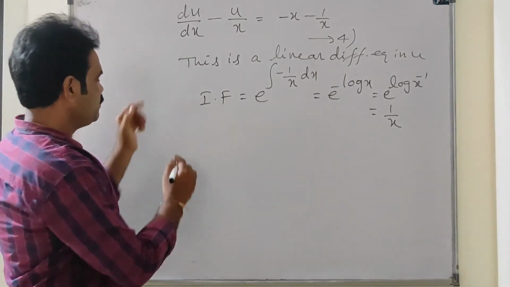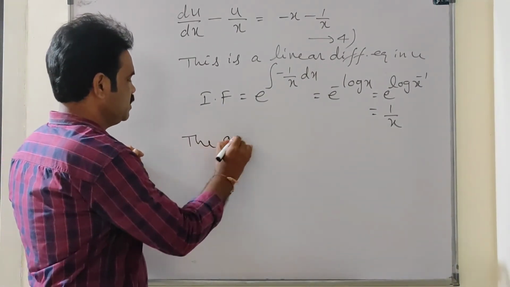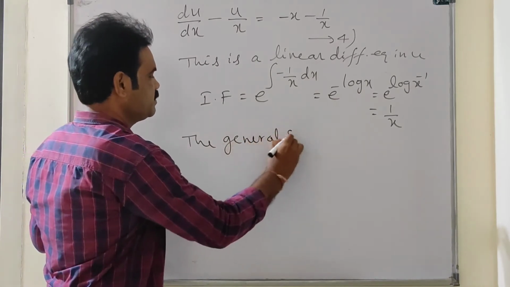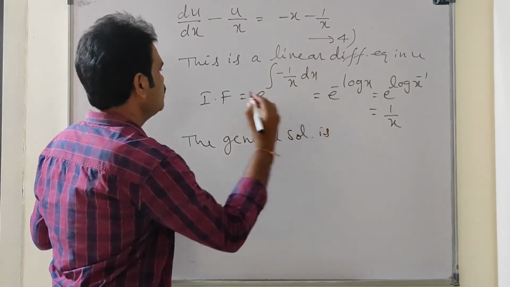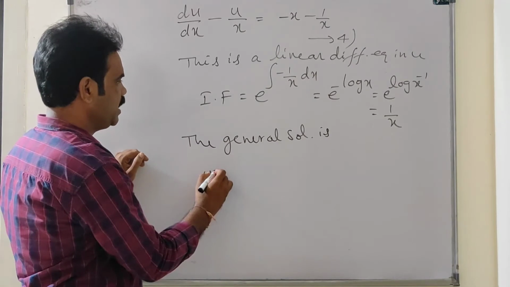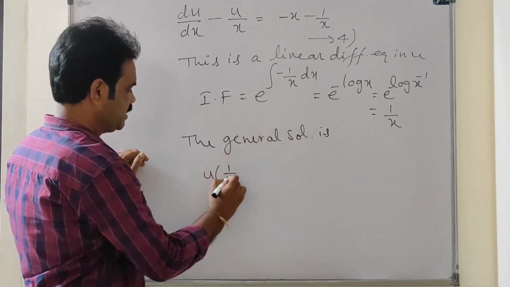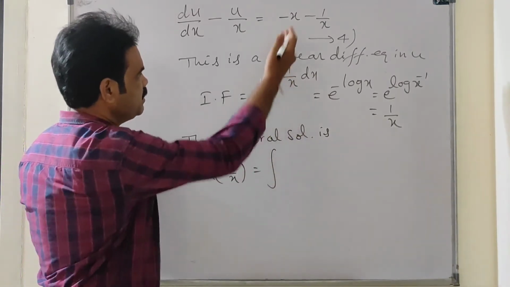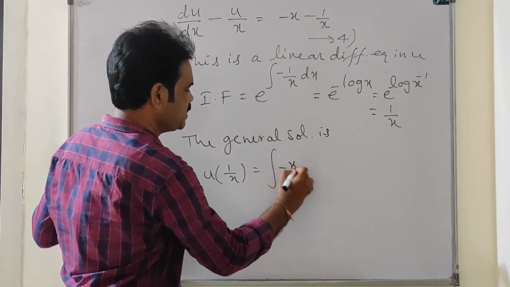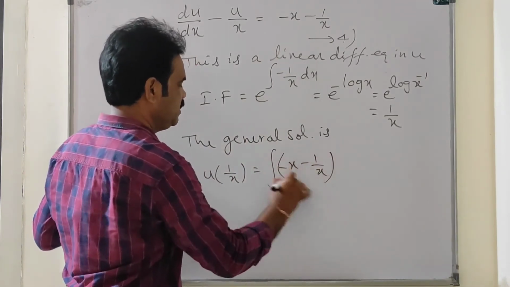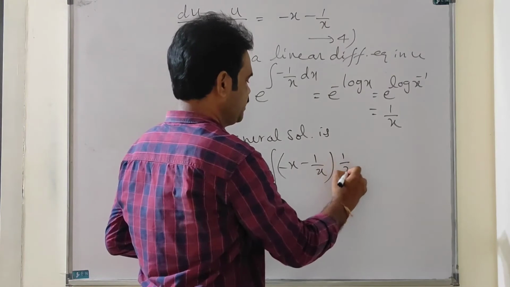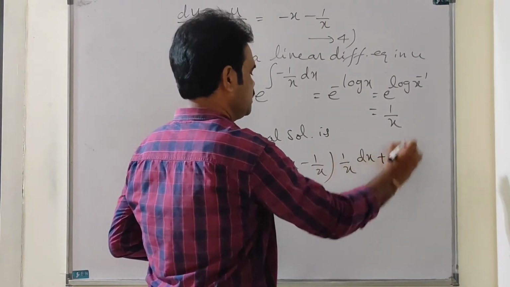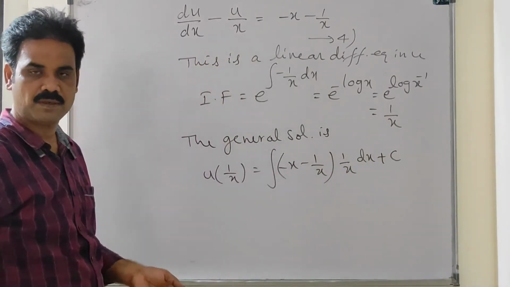The general solution of equation 4 is u into IF, what is IF? 1 by x, equal to integral Q of x, that means minus x minus 1 by x into 1 by x dx plus c. This is the general solution of the linear equation.